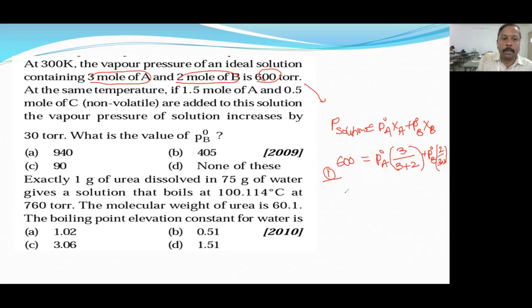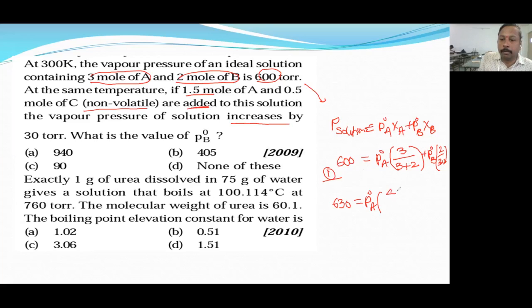Now, after that, what happened? P solution is increased by 30 torr, so this will be 630. P naught A will remain the same. And C is non-volatile, so its pressure will obviously be 0, but its moles have to be considered. And 1.5 moles of A are added to those already present.